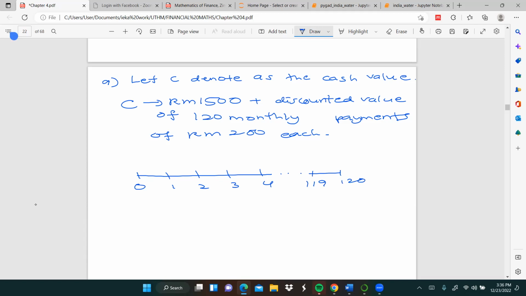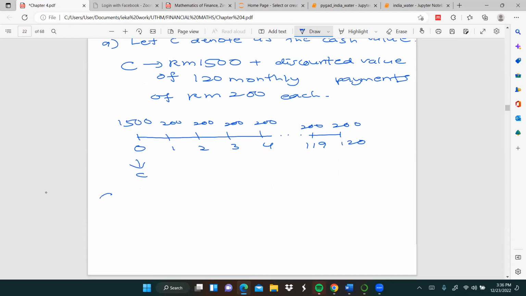He puts down a down payment of 1,500. For the next months he just pays 200 until the 120th. Why 120? Because 10 times 12. So we need to find the cash value C.